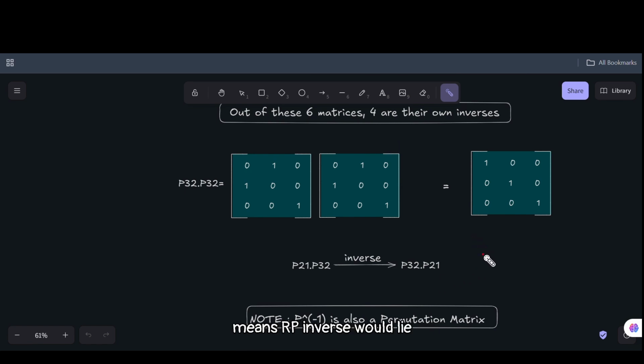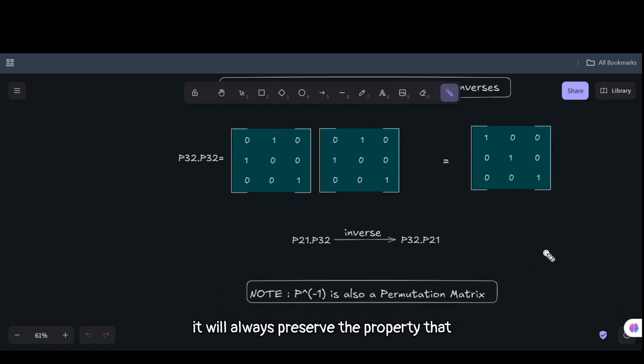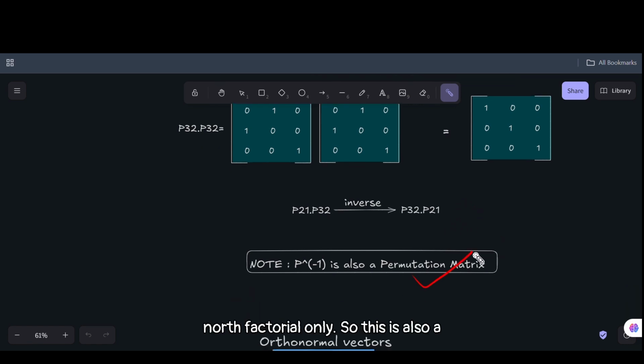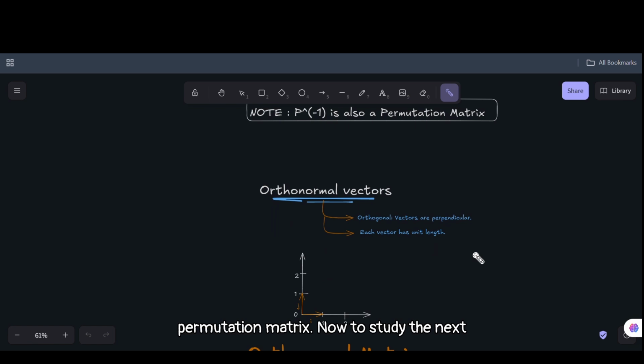That means our P inverse would lie in the n factorial group only, because it will always preserve the property that one of the entries in a row is 1 and the rest of them are 0. That property is always preserved in P inverse. So the result P inverse is going to be in the n factorial only. So this is also a permutation matrix.